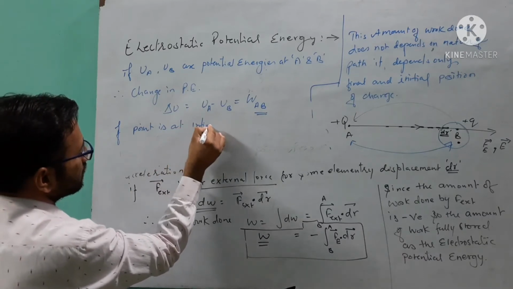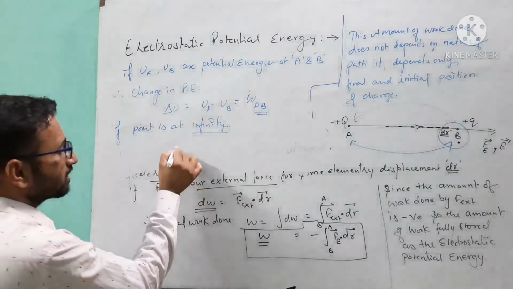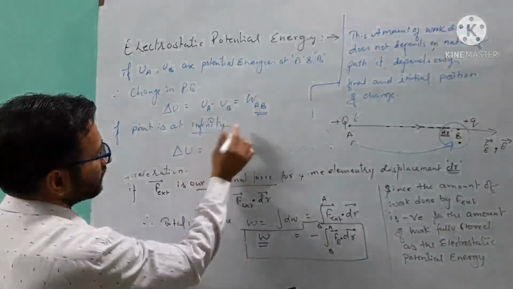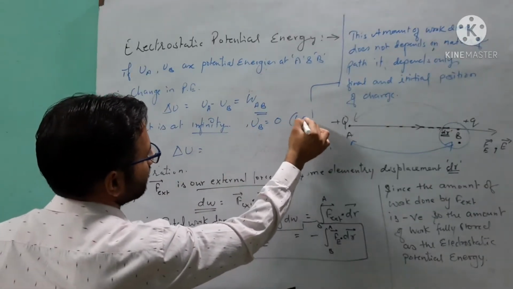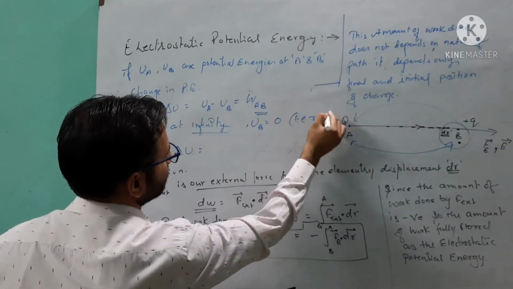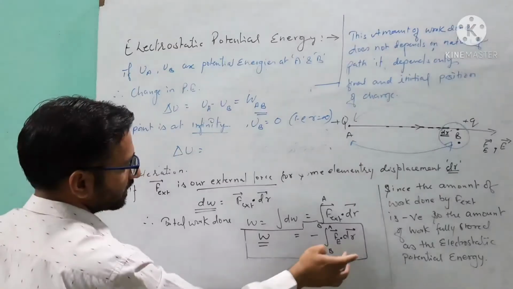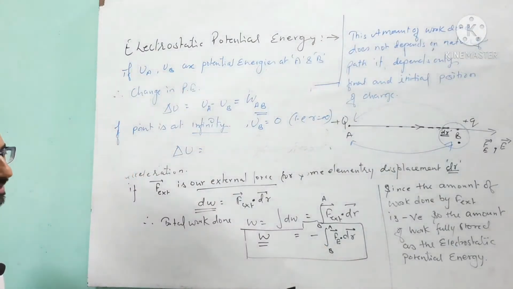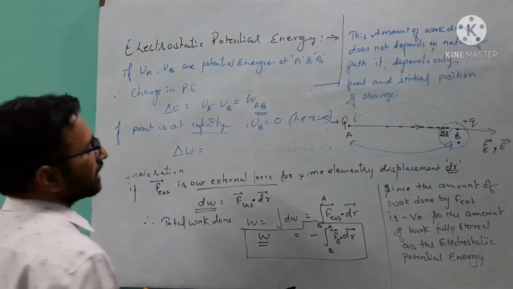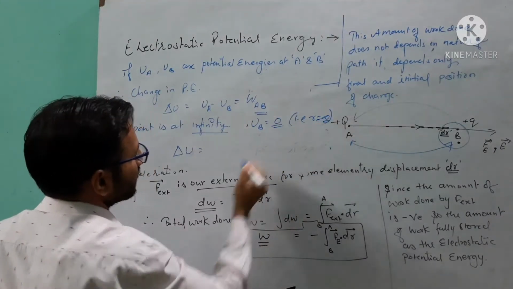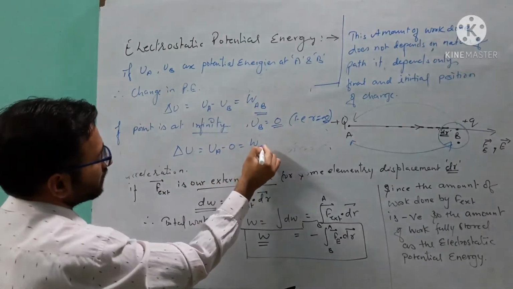At that time, the potential energy at B will be 0, because R is equal to infinity. So if we use the formula, we will get a single formula for electrostatic potential energy, or amount of work done, which is F into dr. If R is equal to infinity, then UB is equal to 0. So delta U is equal to UA minus 0, which is equal to WAB.